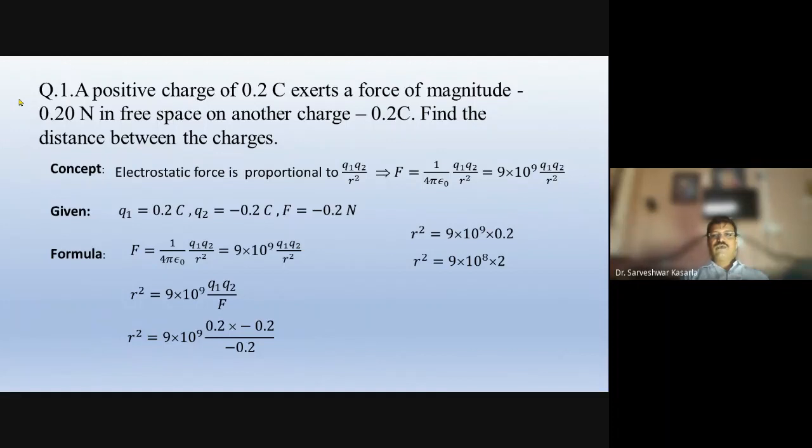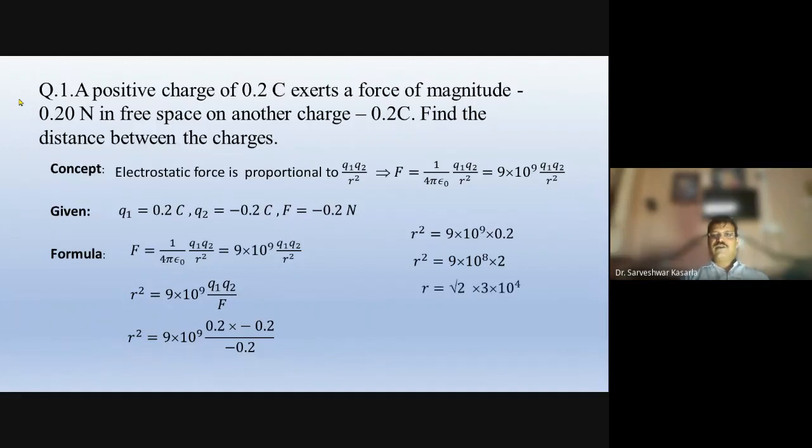So we have R square. Therefore we have to take the square root of the entire right hand side. So we adjust it as 9 into 10 to the power 8 into 2, because the square root of 10 to the power 8 is 10 to the power 4 and the square root of 9 is 3.